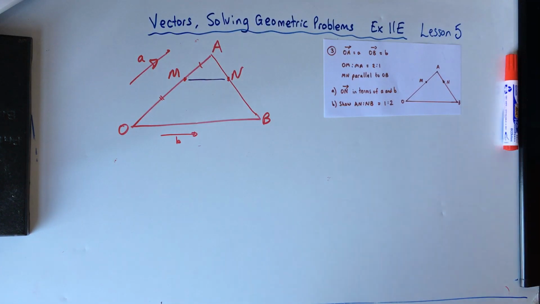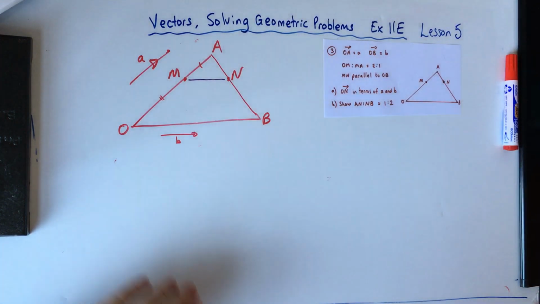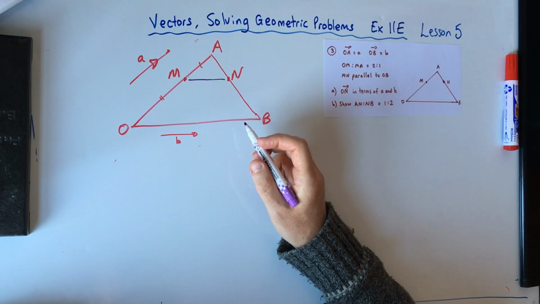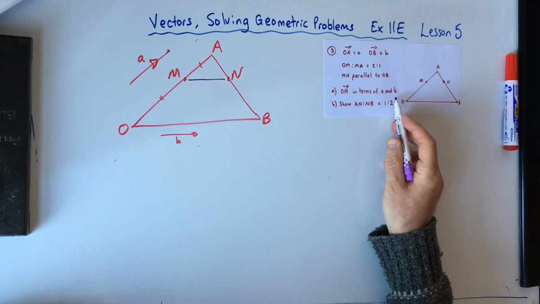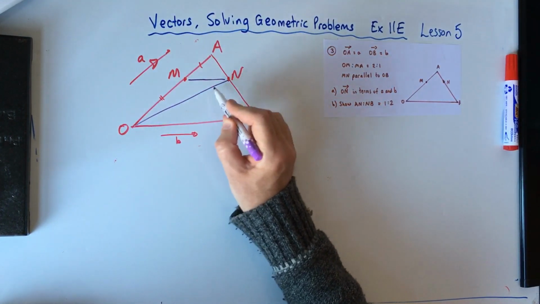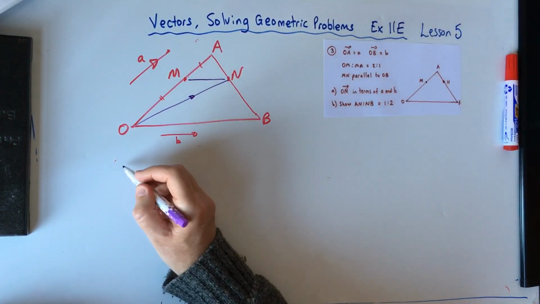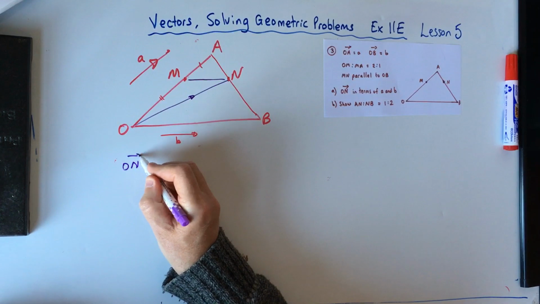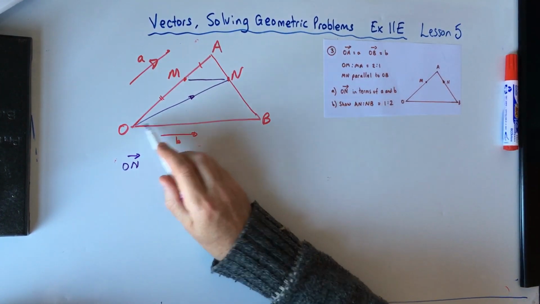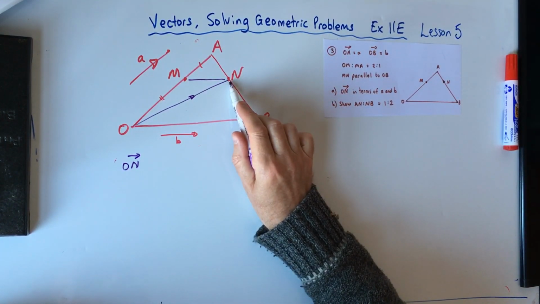Okay, so let's do it in a pure vectors way. First of all, it's asking you to find ON, from there to there, in terms of A and B. Okay, so what I'm going to do is go from O to N in two different ways.